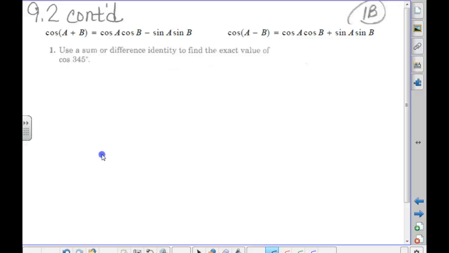No. I need some numbers, in this case in degrees, that either add or subtract to 345, but I need to use only the numbers on my unit circle. It's 360 minus 15 was suggested. Is 15 on our unit circle? But we need a 345. Did anybody come up with something?